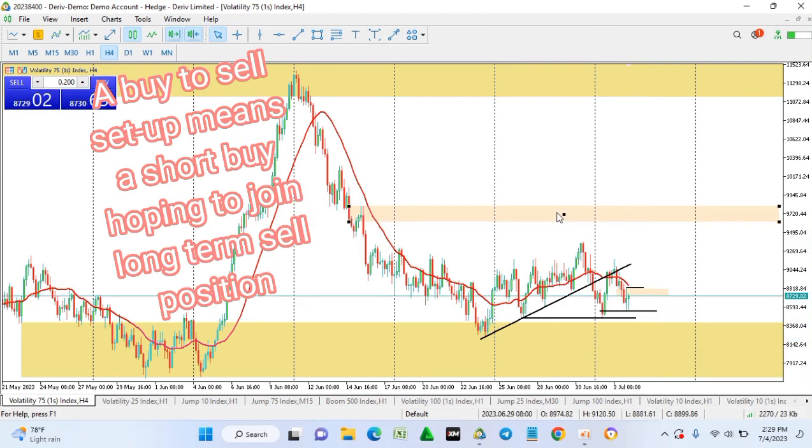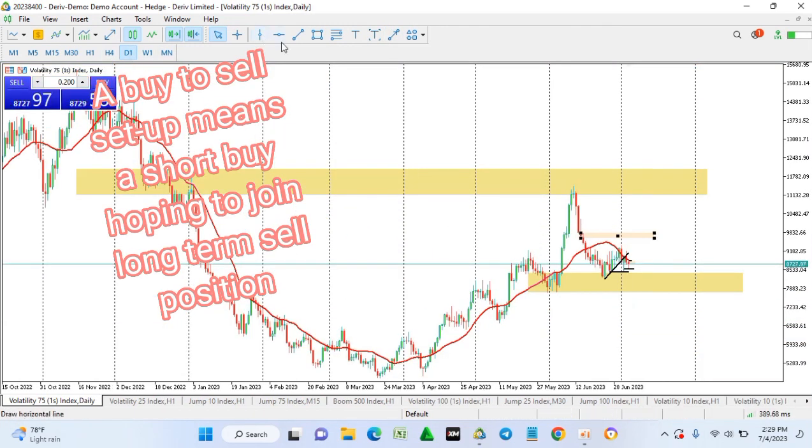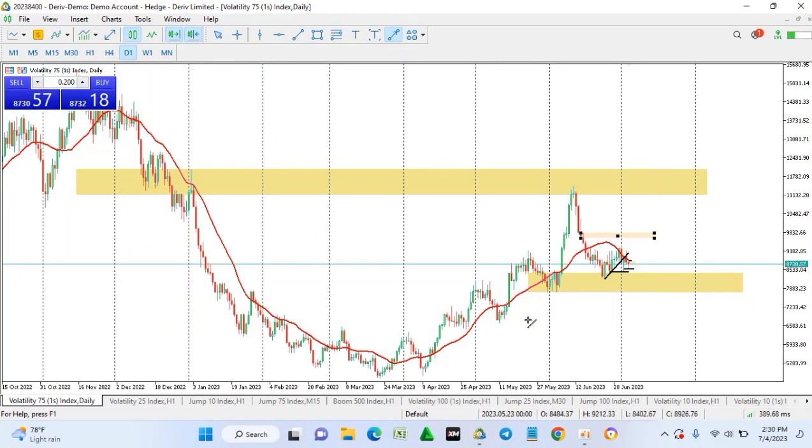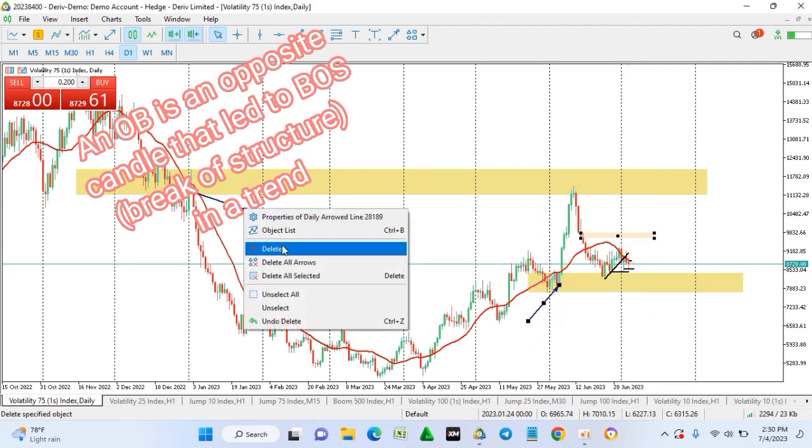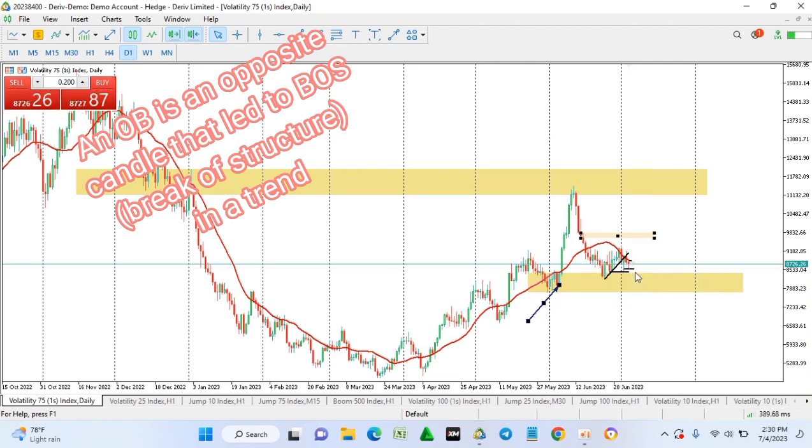So let's go to daily as we are covering multiple time frames at the same time. Price is reacting from that daily order block, and you can see the consolidation around there, and that tells me liquidity is around there, where we have the buy side liquidity and the sell side liquidity. And guess what, I will use the nearest OB where price is expected to drop after tapping into there.